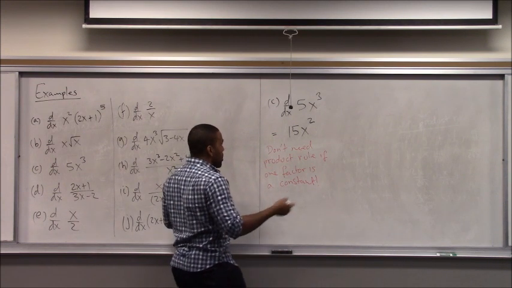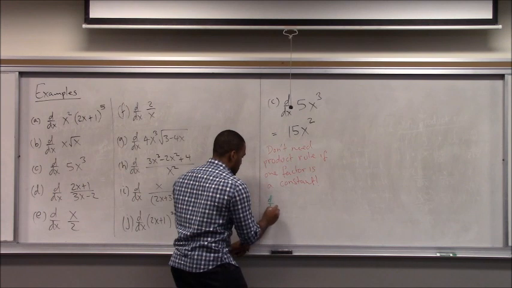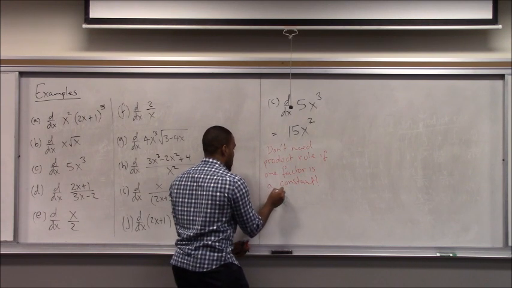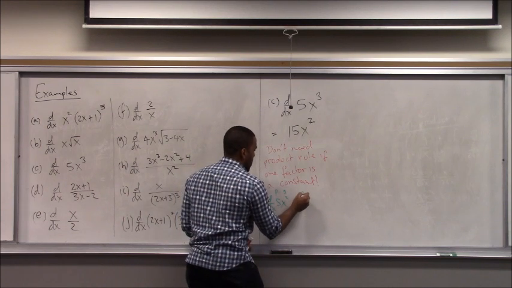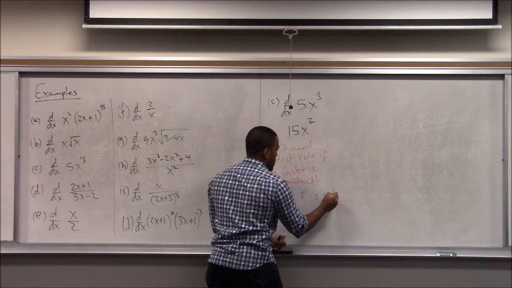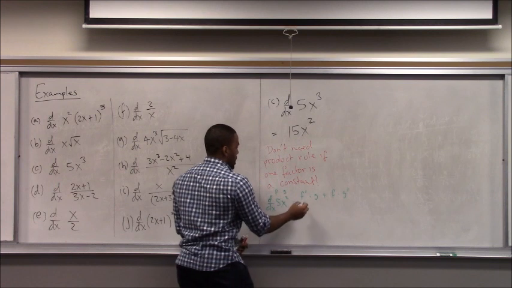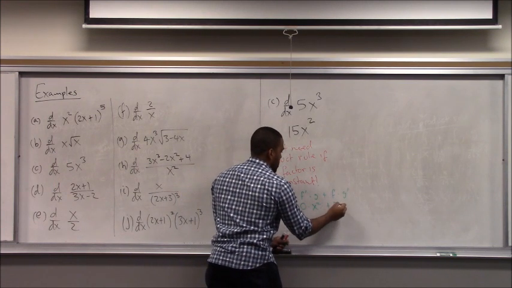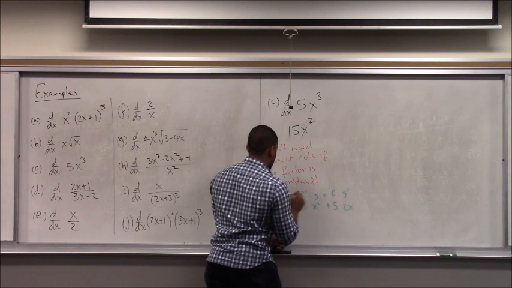Now you could do the product rule. You could have the derivative of 5x squared, and you think of this as your f and your g, and so you have f prime times g plus f times g prime. F prime would be 0, g would be that, here f would be that, g prime would be, this was a cube.